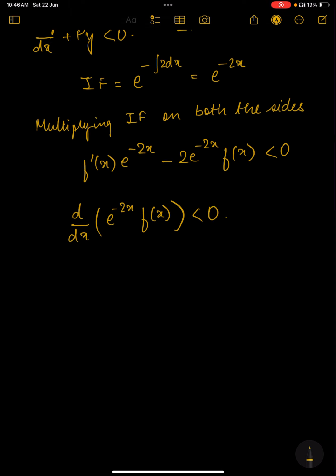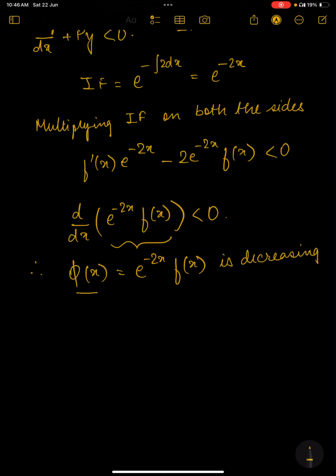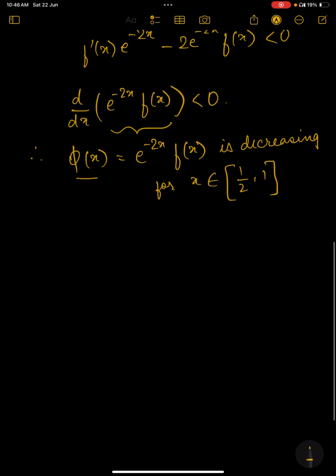Now what do we understand over here? Therefore, if I call this function phi of x, so e to the power minus 2x f(x) is phi, then phi of x is decreasing for x belonging to 1/2 to 1, which means that it achieves its maximum value when x is half, and then it keeps on decreasing after that.